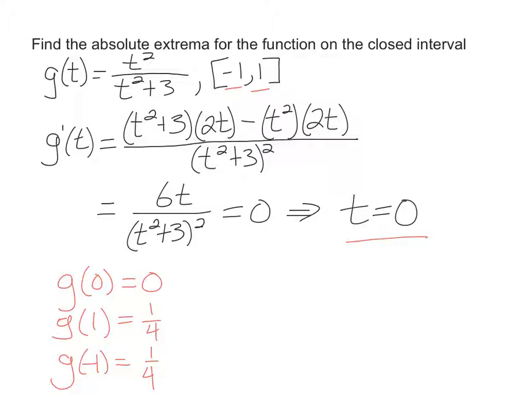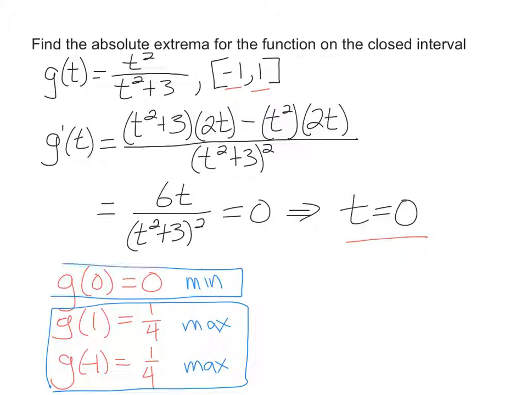So in this case, we have a minimum here and two different parts that have a maximum. You're allowed to have more than one maximum location. We have the same maximum value of 1/4, and it just happens to be a maximum value in two different spots, when x equals 1 and when x equals -1.